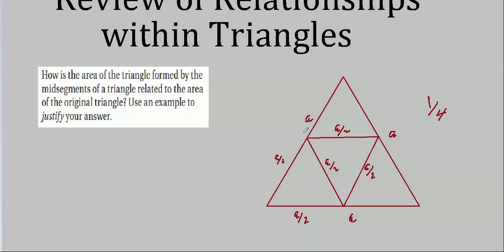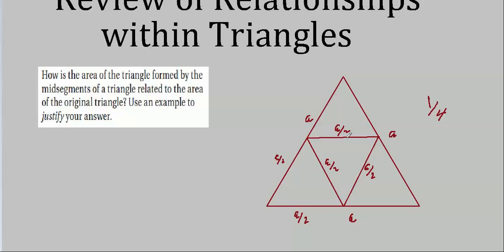In general, if it wasn't an equilateral triangle, it's fairly easy to see that we're going to cut the base in half. Cutting the height in half, that would be the altitude, is a little less obvious, but that is in fact what happens.